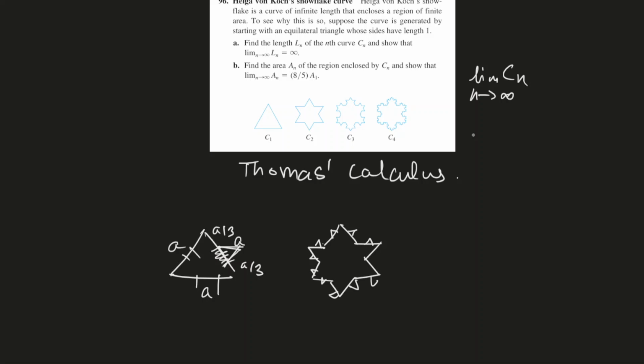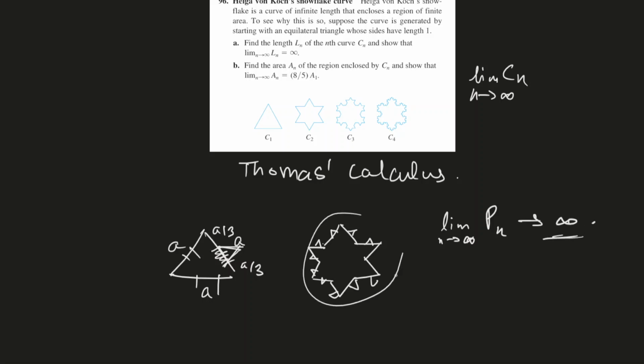So the thing about Helga von Koch's snowflake is that it would be divided into so many sections that when we take the limit n tending to infinity of the nth perimeter, let's say Pn, we would have this tending to infinity.